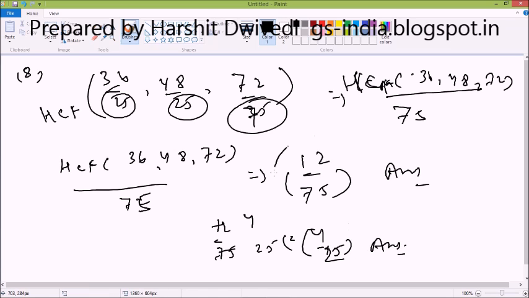Your answer is 12 by 75 only, because when you calculate the HCF or LCM of fractions, you are not going to cut the original terms into smaller terms. If you get the answer as 50 upon 30, you are not going to make it 5 by 3. It will be 50 upon 30 only. So your original answer is 12 by 75. Keep that in mind.